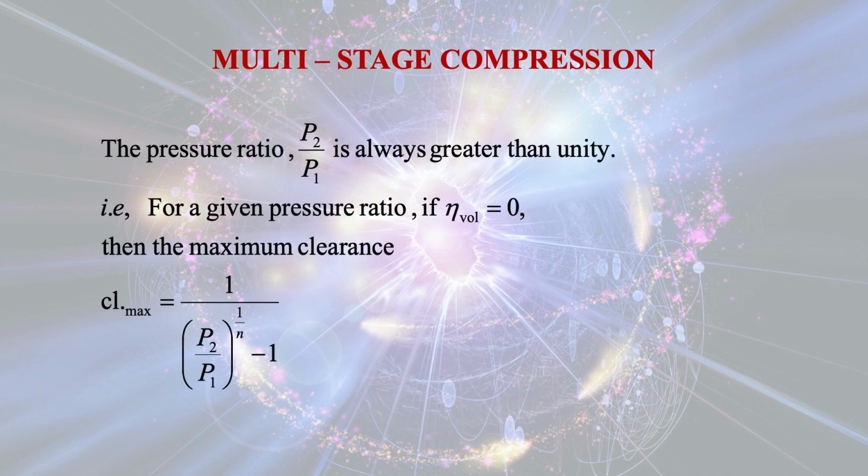The pressure ratio P2 by P1 is always greater than unity, because after the compression the final pressure P2 will be obviously greater than P1. But for a given pressure ratio, if eta volume is equal to 0, then the maximum clearance will be equal to 1 divided by P2 by P1 to the power 1 by n, minus 1.